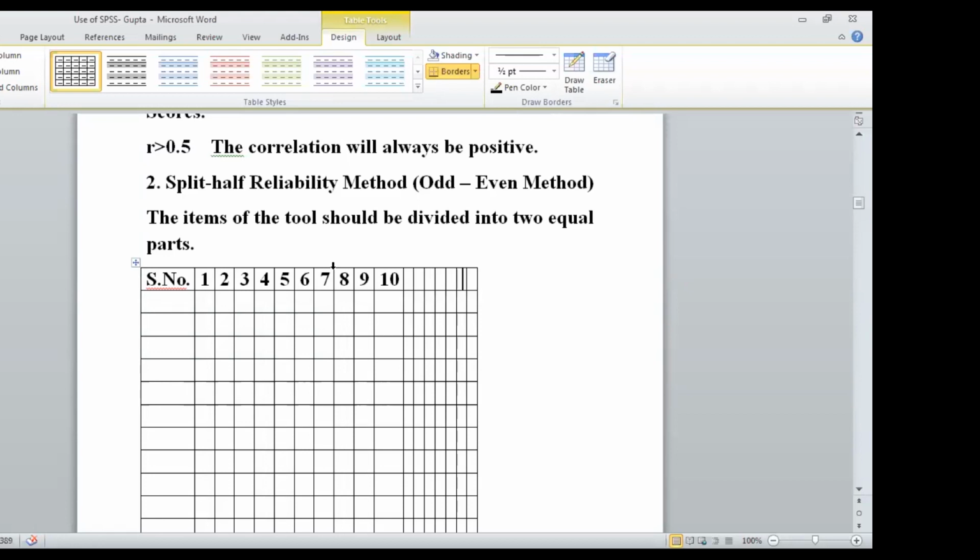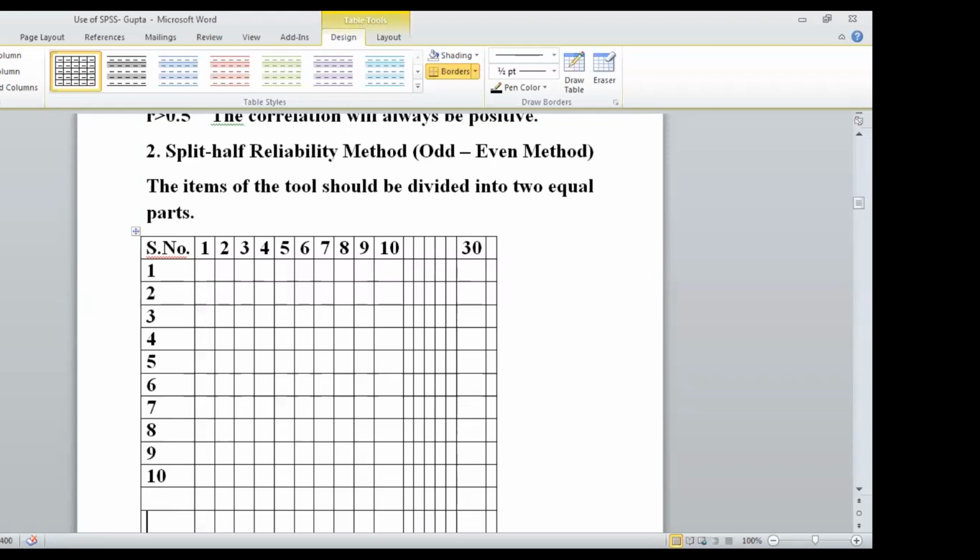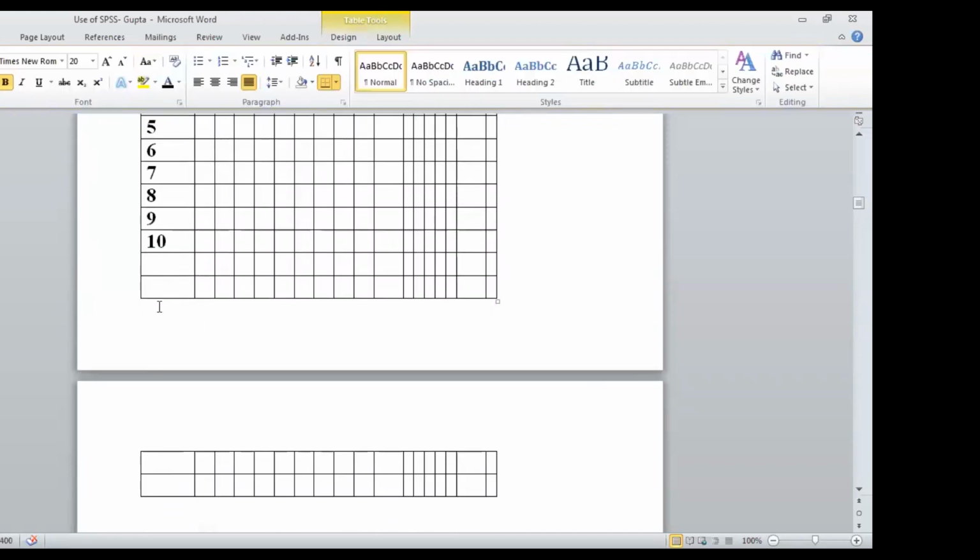If there were, let's say, 30 items, so you have up to 30. Now this is your first person, the second, third, fourth, fifth, sixth, seventh, eighth, ninth, tenth. And this is your 600th.